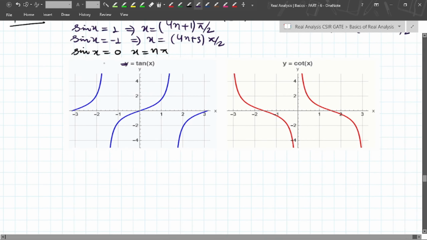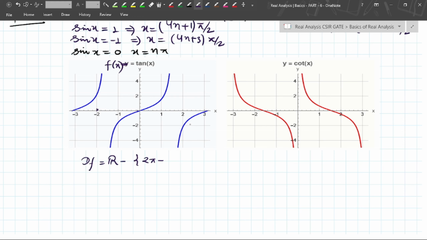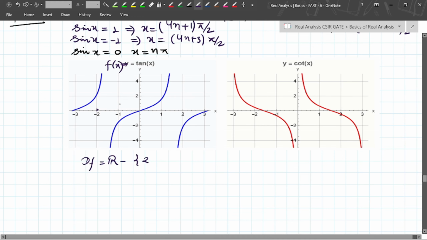Next, if my f of x is tan of x, then the domain is the whole real numbers other than the points where it goes to infinity, which are (2n plus 1) pi by 2.